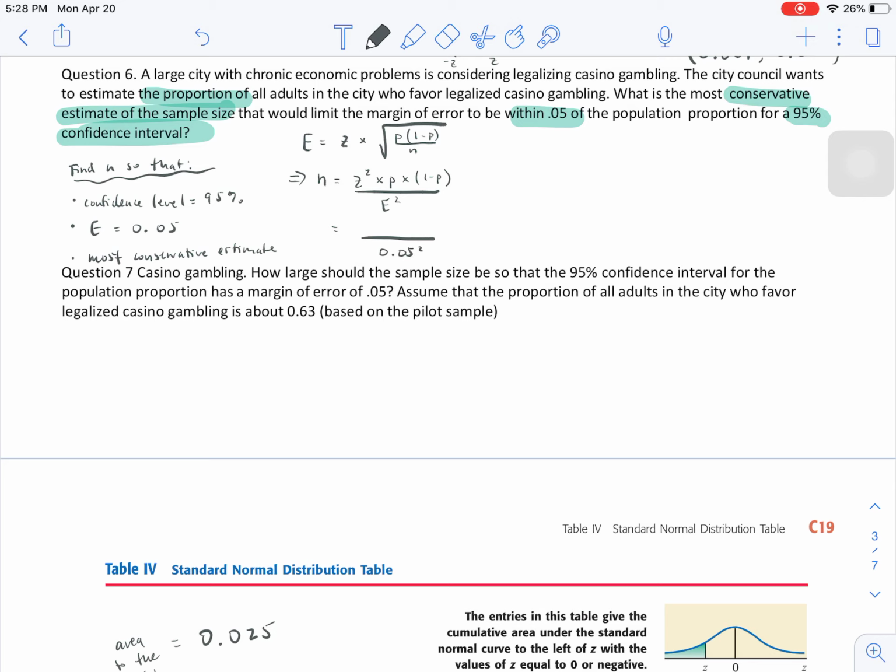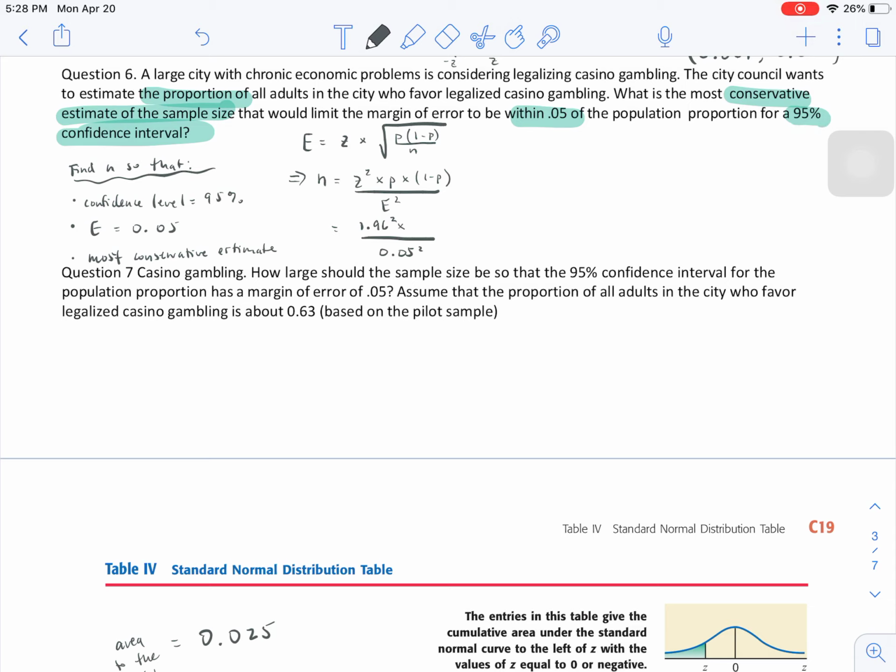And I know that my confidence level is 95%. We found the z-score a lot in the previous question, so I'm not going to go through how to do it again. You can look at the other videos where we've done this to see how I find a z-score of 1.96 for a confidence level of 95%.